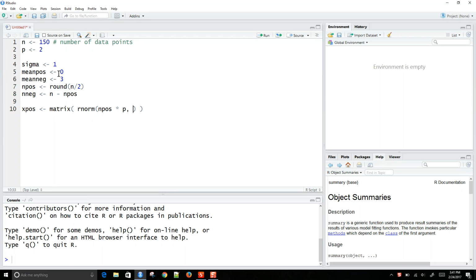I've got 2 dimensions, so I'm going to get 300 of these values, and the standard deviations will be sigma.